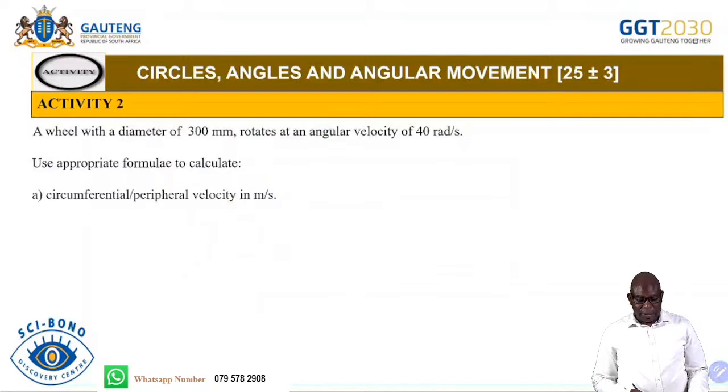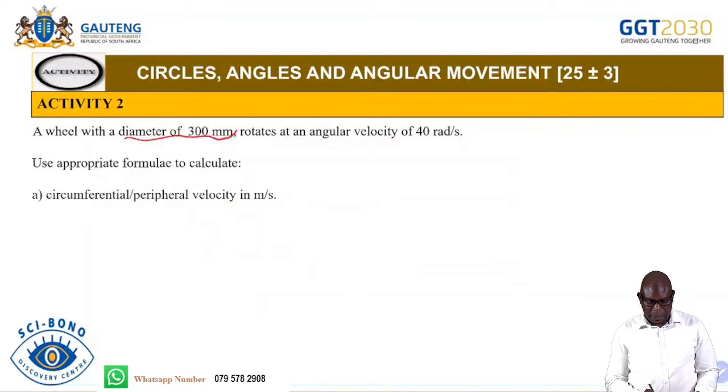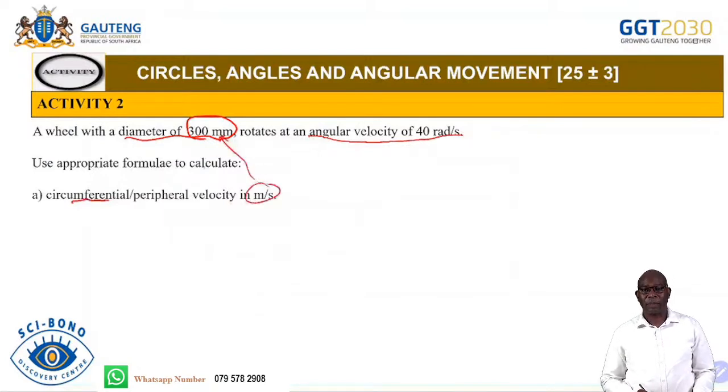Now the next question says, a wheel with a diameter of 300 millimeters rotates at an angular velocity. You see what is given there is an angular velocity. Use the appropriate formula to calculate the circumferential or peripheral velocity in meters per second. Already I can see there's something that I must do there.